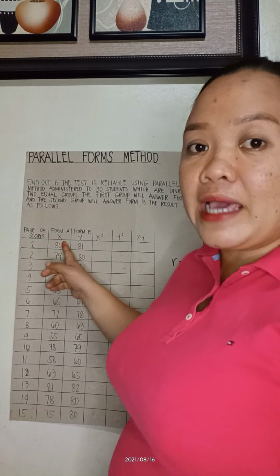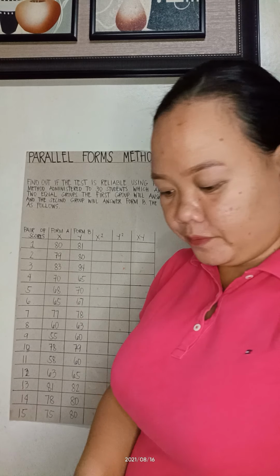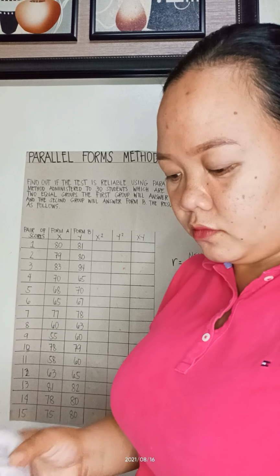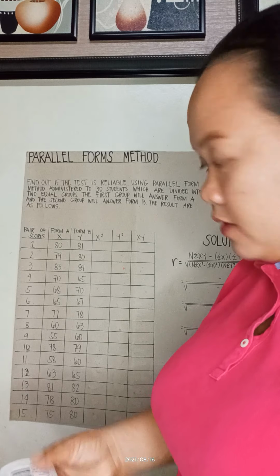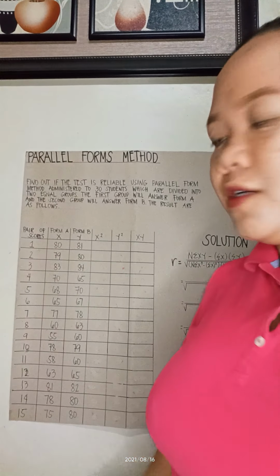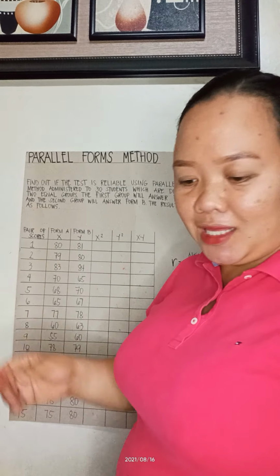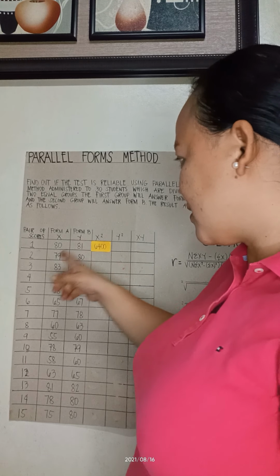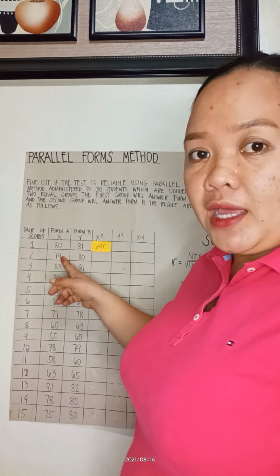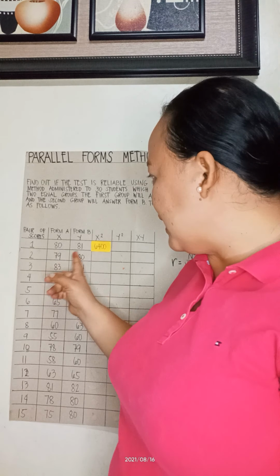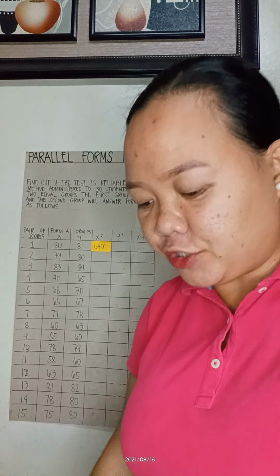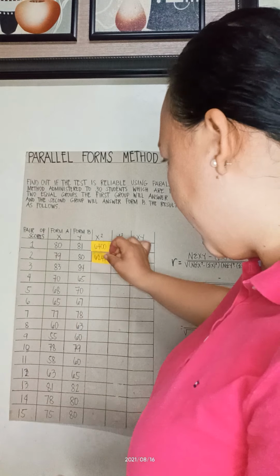So, 80 times 80 is equal to 6,400. Next, 79 squared is 6,241.